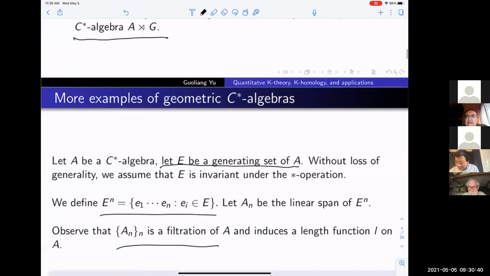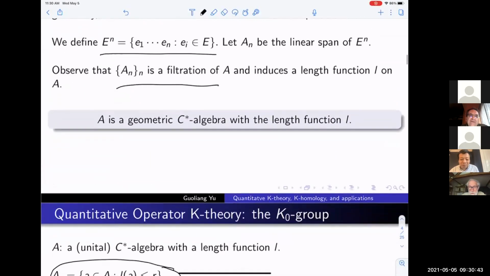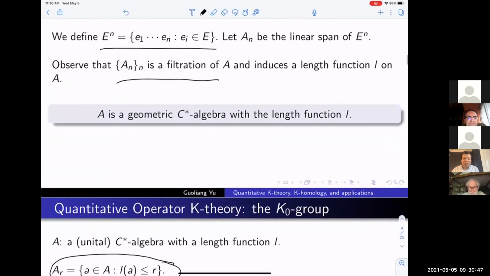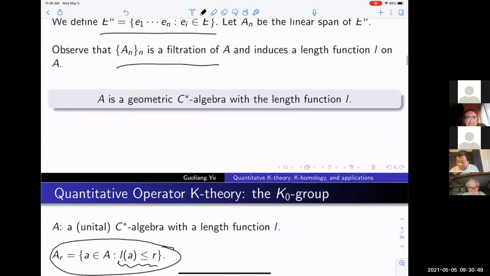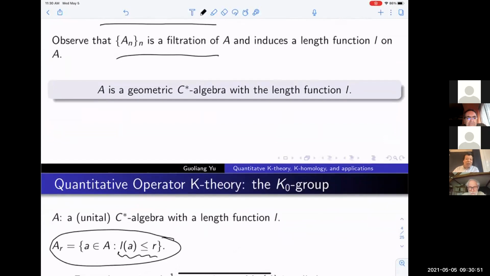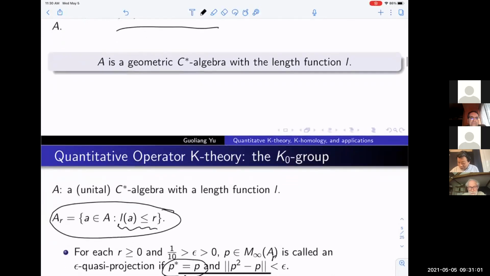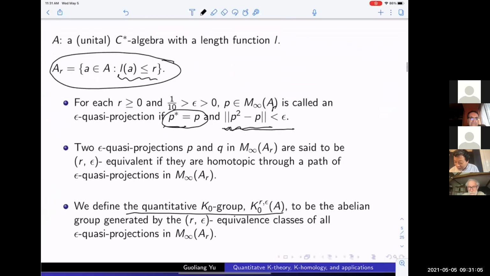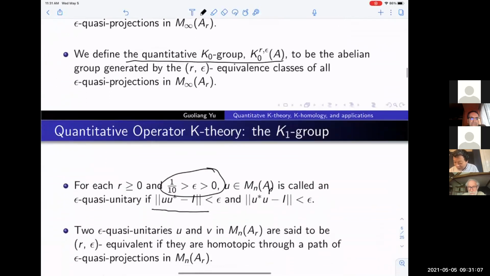Definitely there's a Dirac operator associated to the length function. I remember this work. So what I'm talking about can be put into Connes' noncommutative geometry using the spectral triple concept in a very nice way.